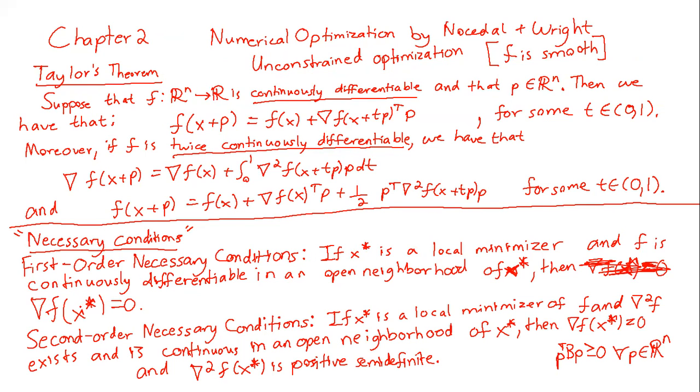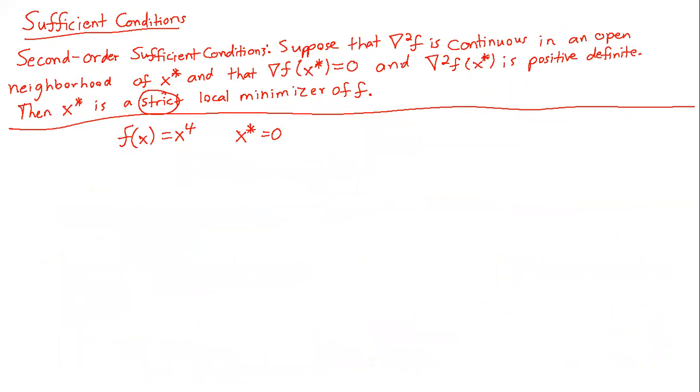If you ask whether something is a minimizer and you find del f of x star is not 0, or del squared f of x star is not positive semi-definite, and f and del squared f exist and are continuous, then you would say it's not a local minimizer. But just because the Hessian is not positive definite does not necessarily mean it's not a strict local minimizer. So that's the way that works.